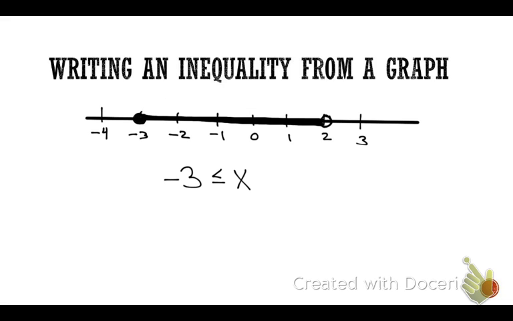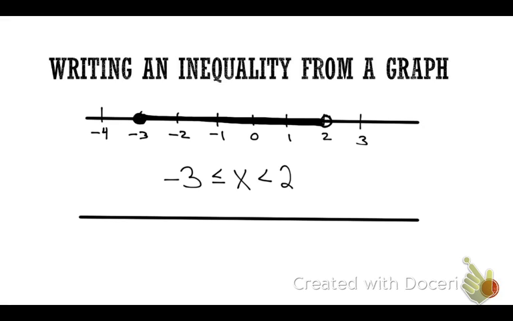That's what we're saying there. All right, so what has to be true about 2 then? All my solutions have to be what compared to 2? Less than. Now, do I need the equal to bar? Nope. So less than 2, and that's it.